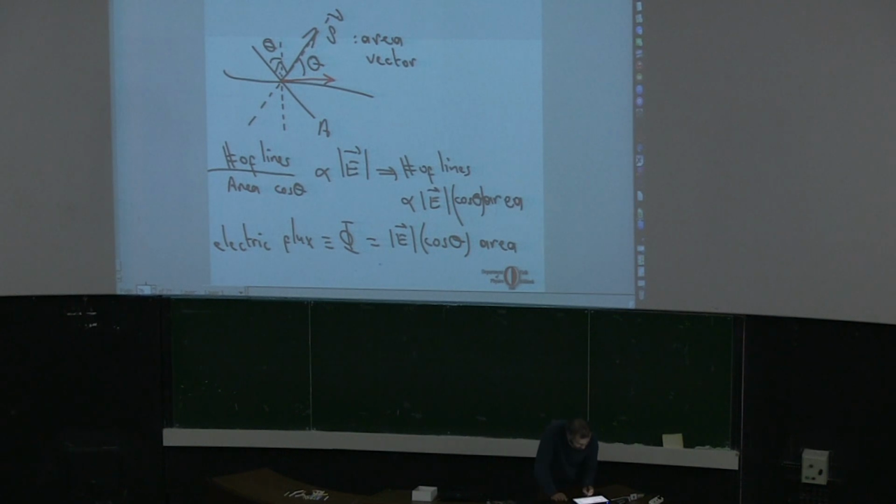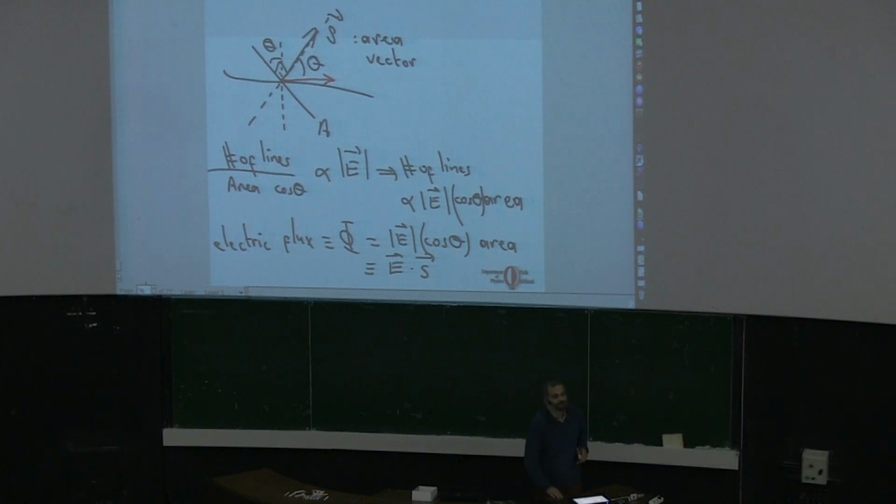So the flux, I will just write as E dot S. Well, it just matches. The scalar product will be nothing but the product of the magnitudes. The magnitude of this one is E, the magnitude of this one is the area. And the angle between this vector and the electric field vector is theta, cosine of theta. So this is how we will define the area vector.